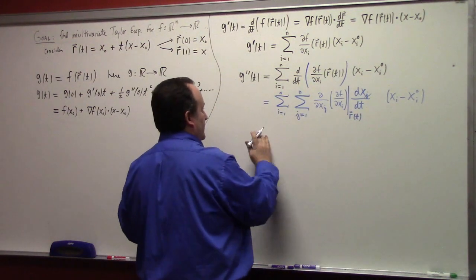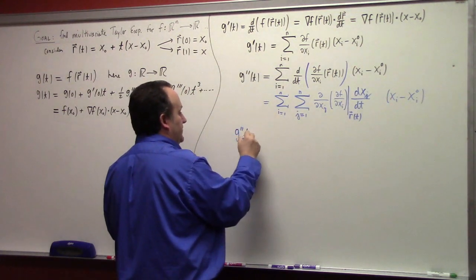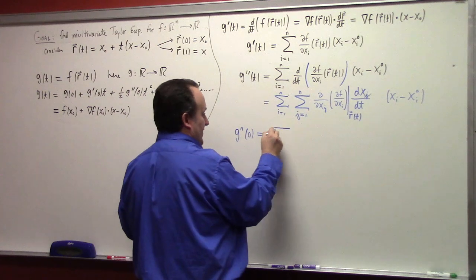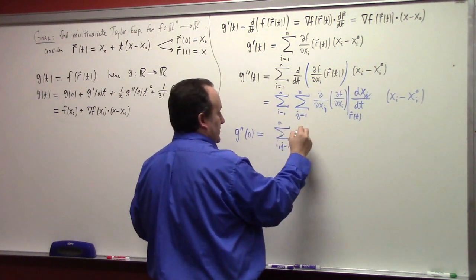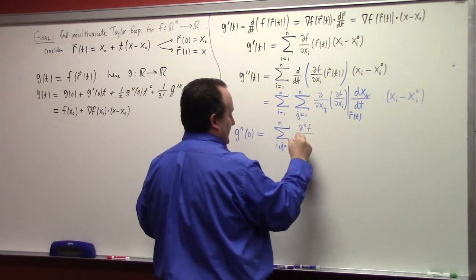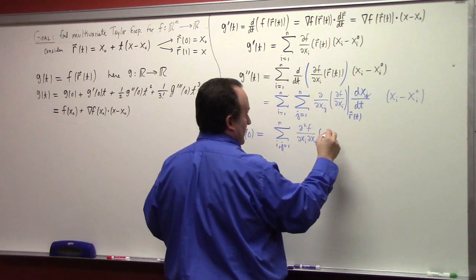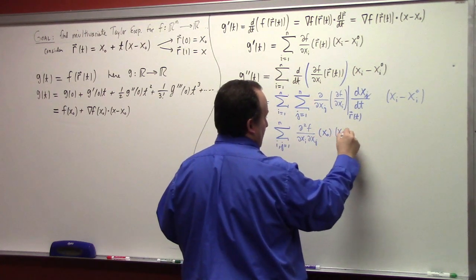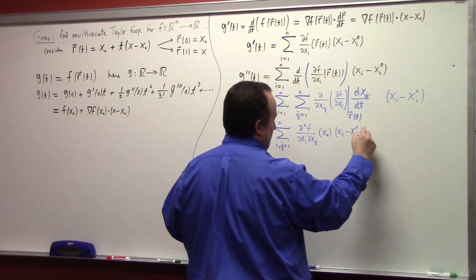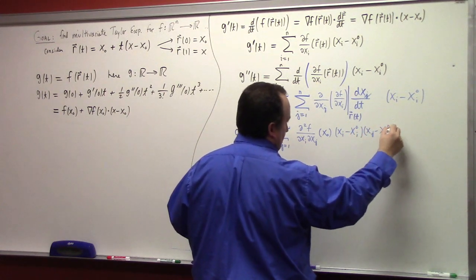So, long story short, we see that g prime prime of 0 is, in fact, the sum over i and j equals 1 to n, partial squared f, partial x_i, partial x_j, at the point x naught times x sub i minus x naught sub i times x sub j minus x naught sub j.